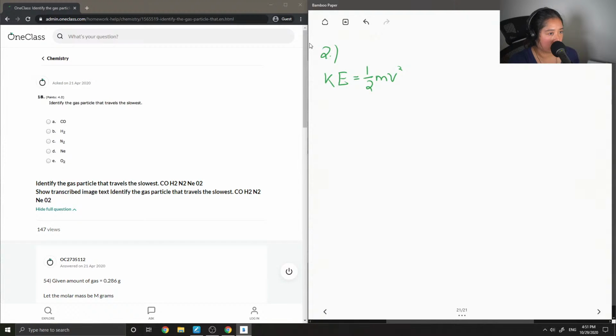the velocity squared. So if I were to try to isolate mass and rearrange the equation a bit, you get the following.